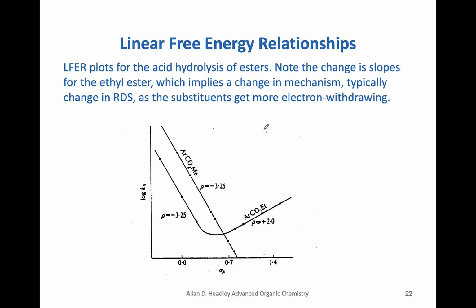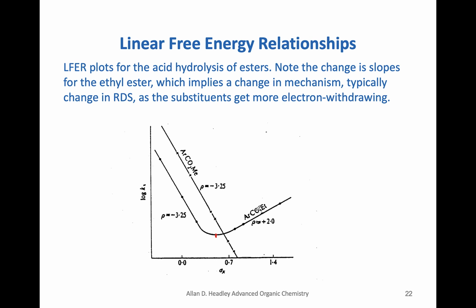So let's look at the plot. So here it is. This is for the methyl group, negative slope all the way down. But for the ethyl R group on the ester, it has the same slope here, but then it changes. So as it goes from electron donating groups to electron withdrawing groups, it changes to a positive slope.